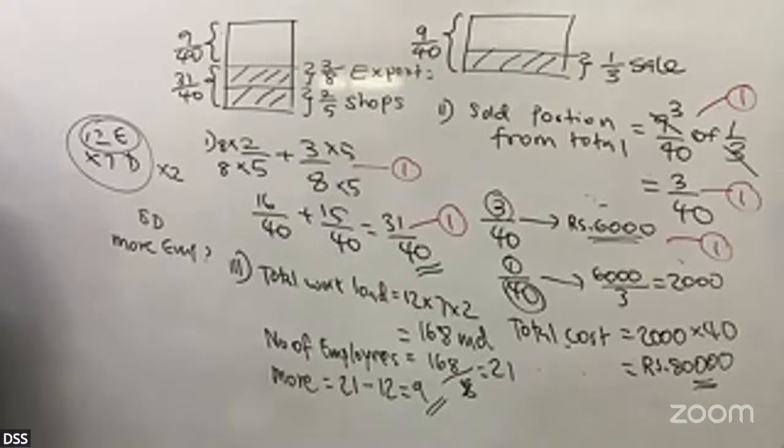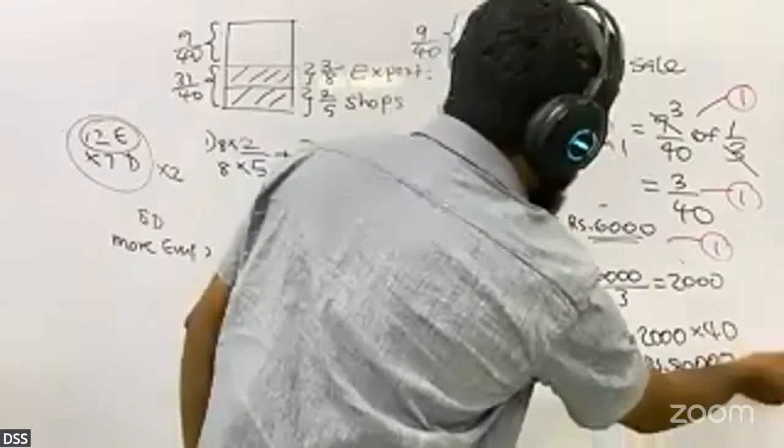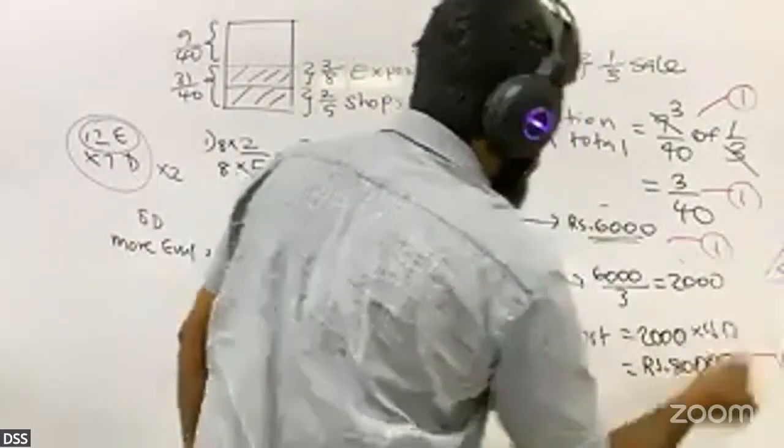Finally, for getting the answer 80,000, they have given 1 mark. Altogether 4 marks for this question.